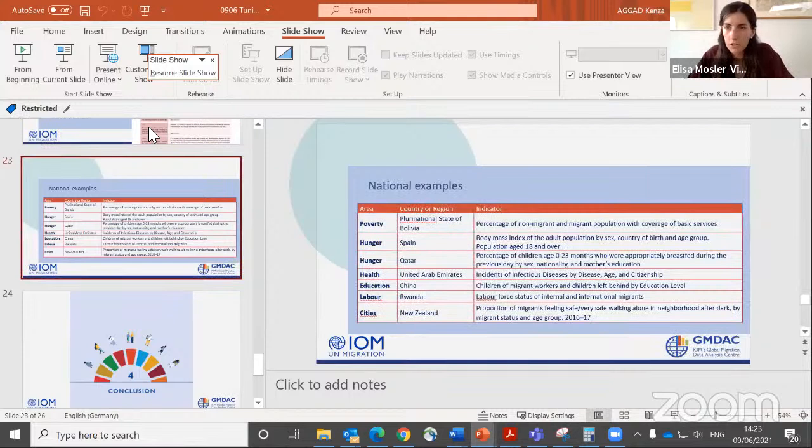Just to wrap up, I wanted to quickly show a few examples, unrelated now to the Sustainable Development Goals, of where different countries all around the world disaggregate national key policy data by migratory status. And we have really varied topics from poverty, hunger, education, urban planning, labor, and health. And this is just to highlight that at the national level, even if it isn't framed in terms of the Sustainable Development Goals or a global framework, disaggregation is a concept that is already clearly used on a daily basis by NSOs around the world, as you know.